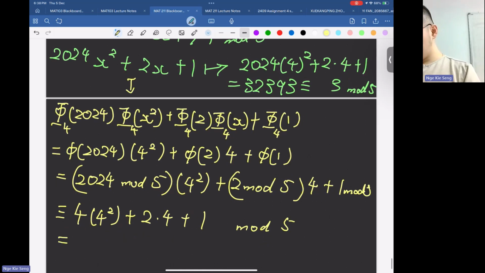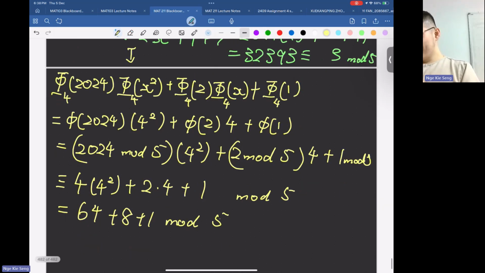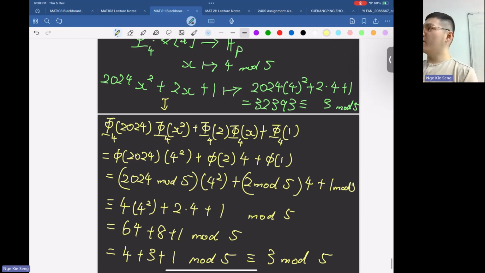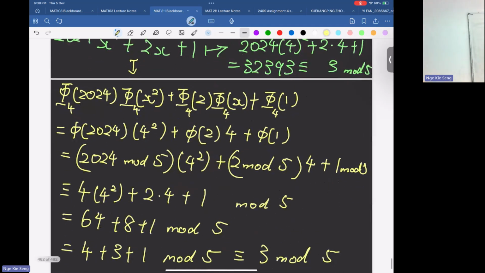So 64 plus 8 plus 1 mod 5. I miscalculated 64, OK, thanks, I did it on purpose. You didn't listen to the lecture. So if you do this calculation, what do you get? 3 mod 5.